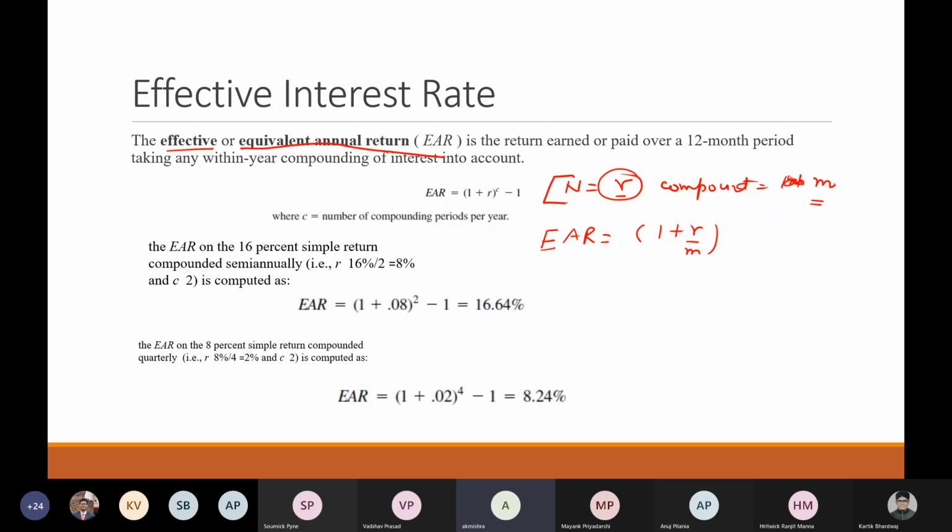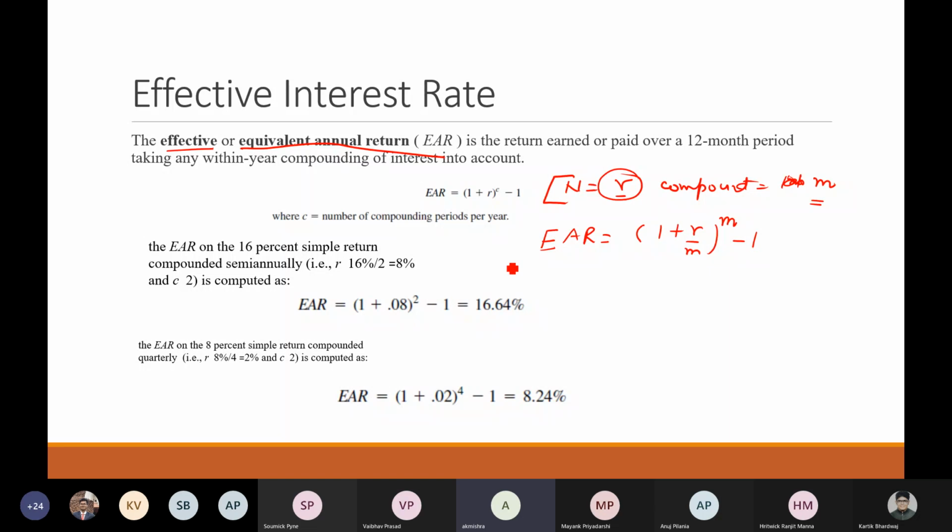R is annual interest rate, which is in nominal terms. So it should first be adjusted for the compounding frequency. So m is compounding frequency, and here it is going to be compounded for m times, and then minus 1.